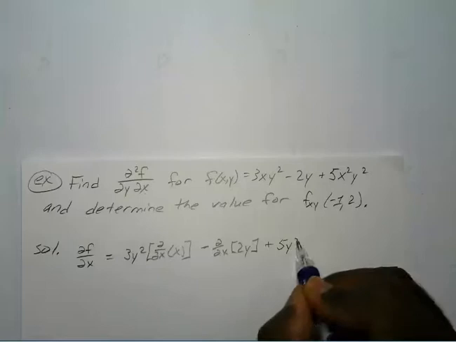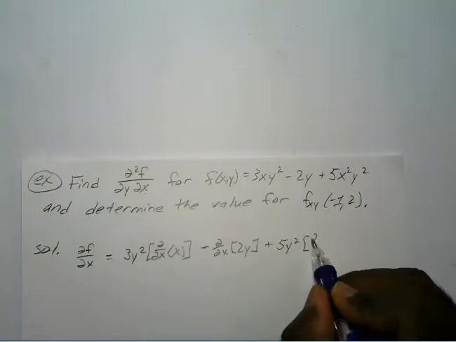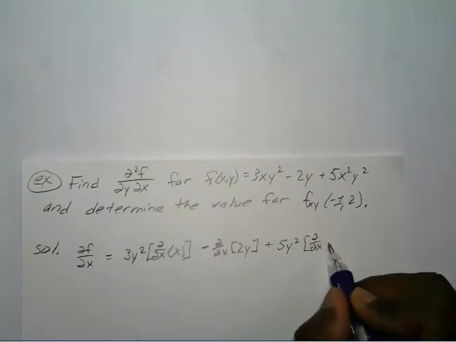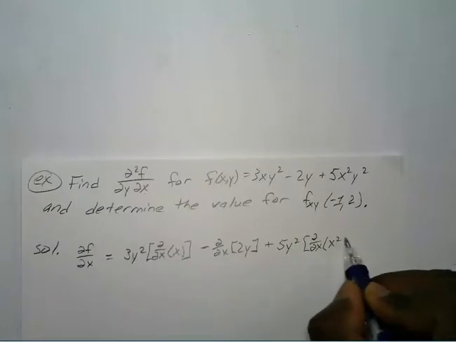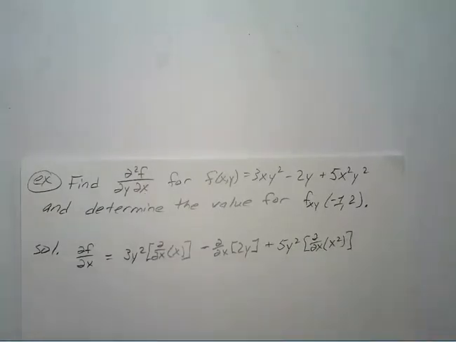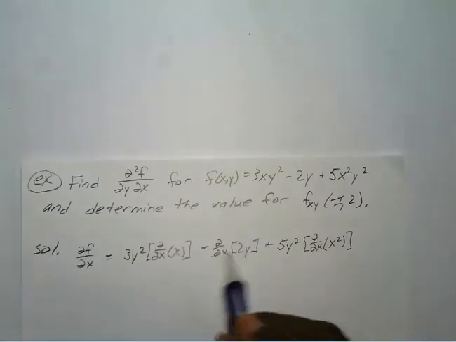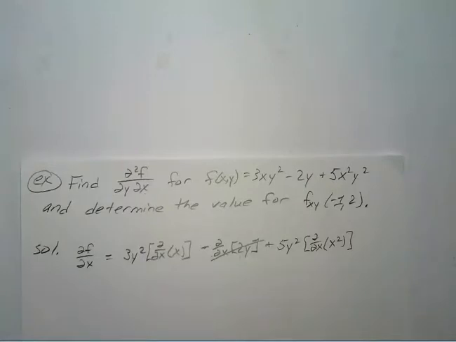So we have 5y squared times the partial with respect to x of x squared. The reason I left the 2y one is because, with respect to x, the y is looked at as a constant, so the derivative of a constant is just 0. The partial with respect to x of x is just 1.